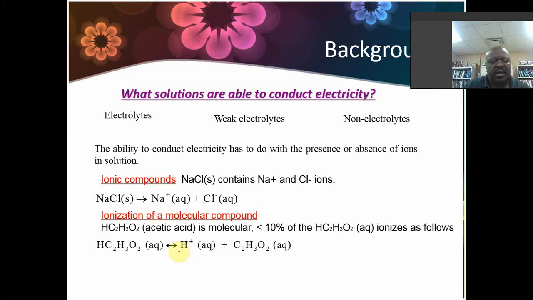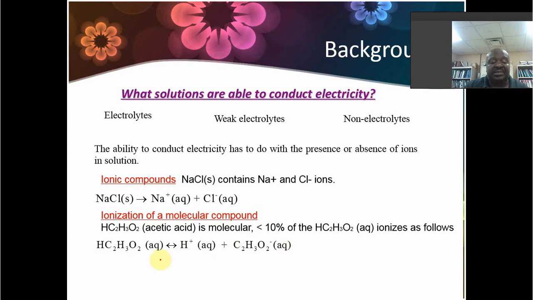Well, how about acetic acid? Acetic acid is molecular, and then it ionizes. Because it's a weak acid, it typically undergoes a small percentage ionization, let's say 10% or less. So if I take acetic acid, you've got to know the formula for the acetate ion and acetic acid.